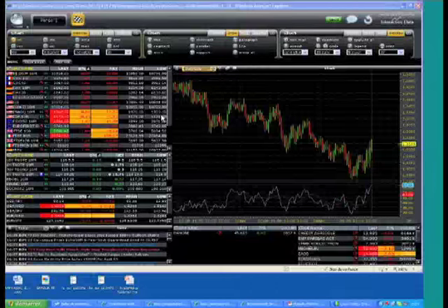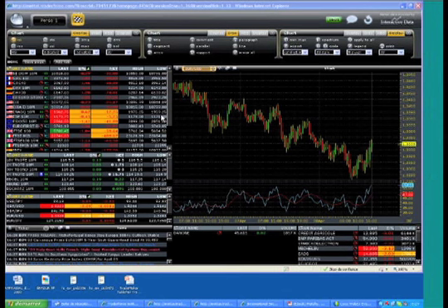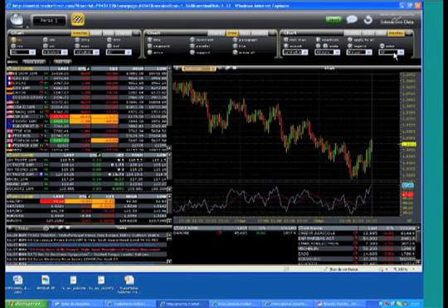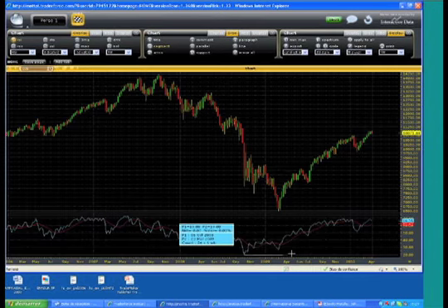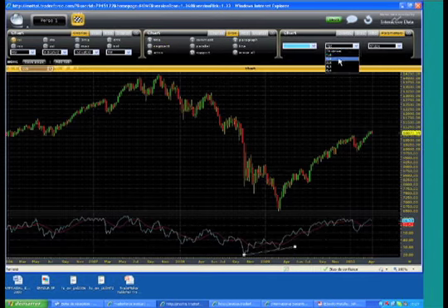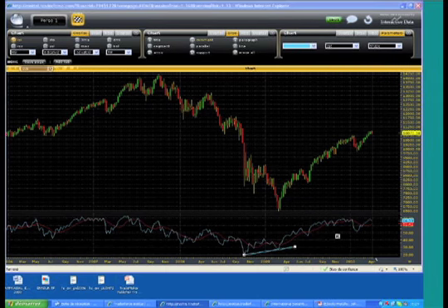I will show you first of all the Dow Jones weekly chart to show you a very nice divergence. As you can see, this is the RSI at the bottom of the screen.